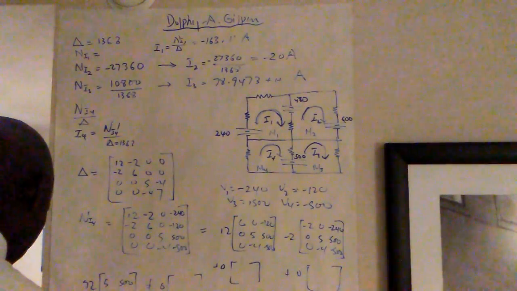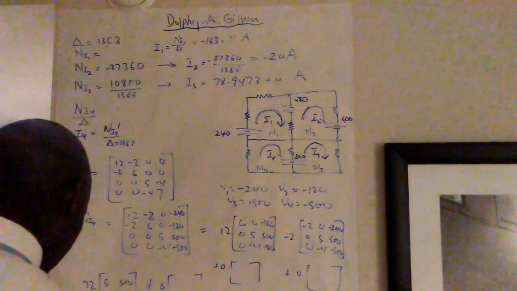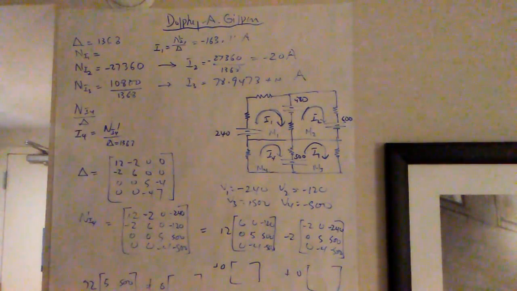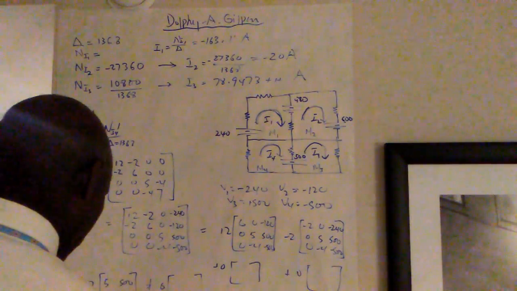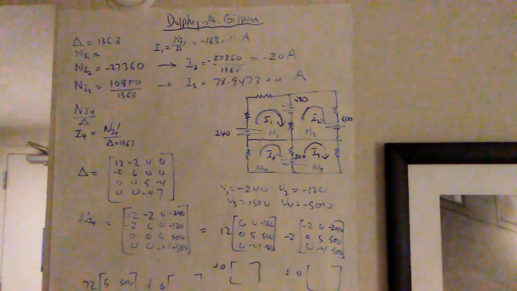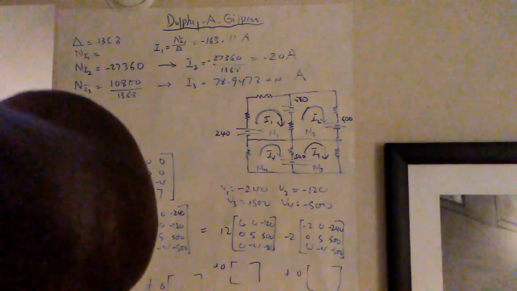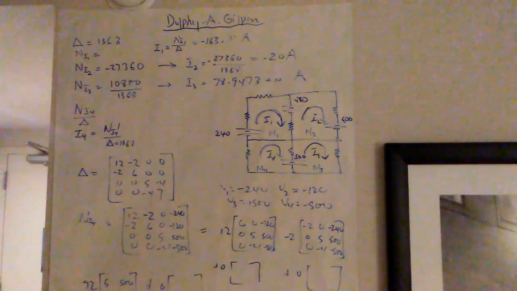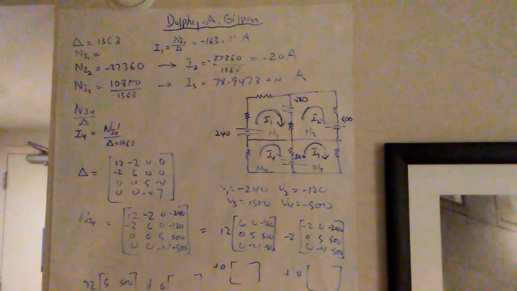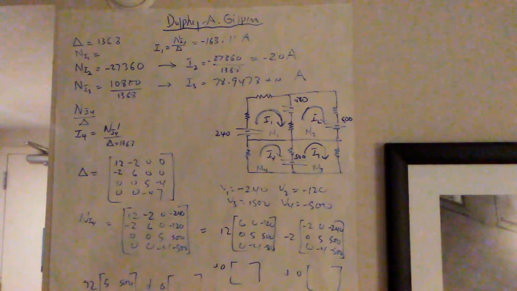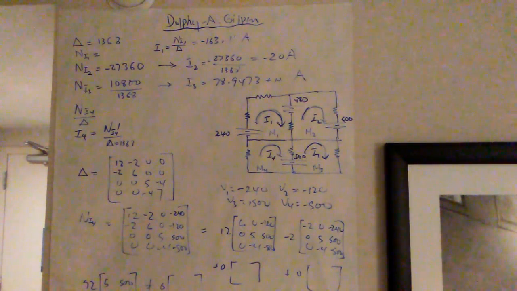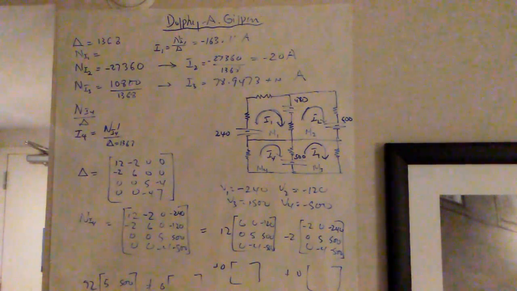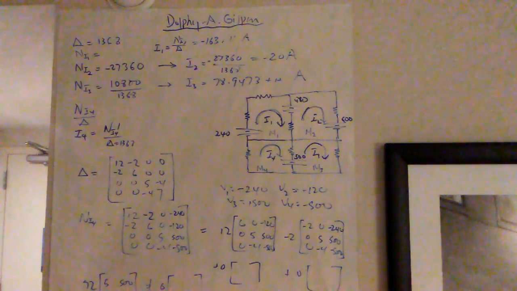And therefore, I4 is equal to minus 38,000 over 1368. This too will give us a negative value, which means that I4 is going in the reverse direction. Let's calculate that. Minus 38,000 by 1368. So we'll find our calculator here. We get 38,000 divided by 1368.